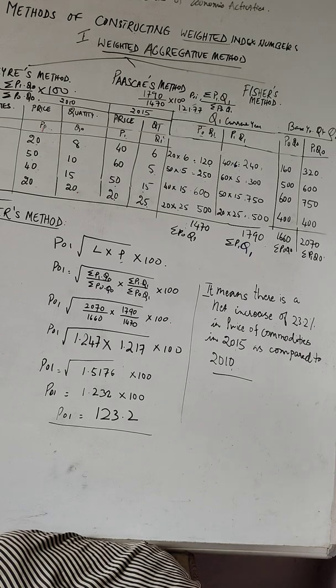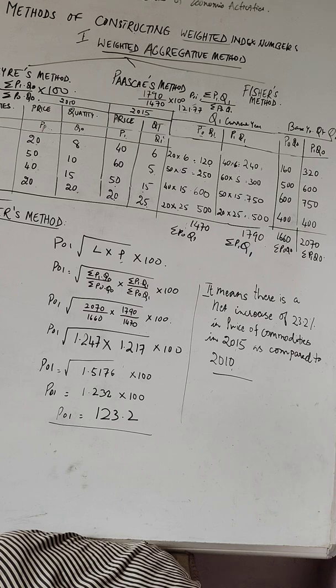Then the factor reversal test, on the other hand, implies that just as a formula should permit the interchange of two items without giving inconsistent results, so it ought to permit interchange of prices and quantities without giving inconsistent results.